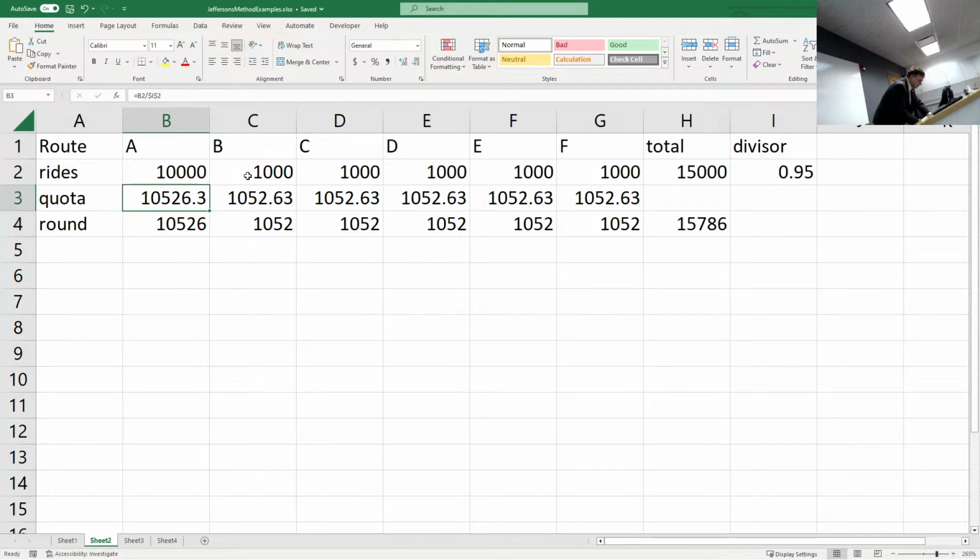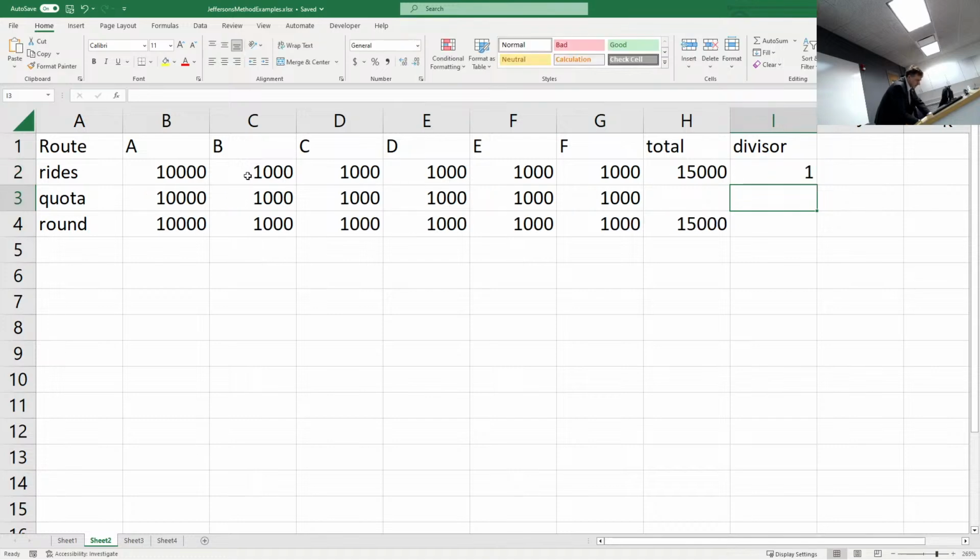Ignore those quotas for just a minute because I'm going to have to change this divisor. Ignore the quotas. They don't make any sense right now. So imagine this situation where you can ignore the rides and route thing. It's just states with their populations. And so the total, there's 15,000 people in this particular country. Or maybe it's 15 million, maybe these are thousands of people, it doesn't matter.